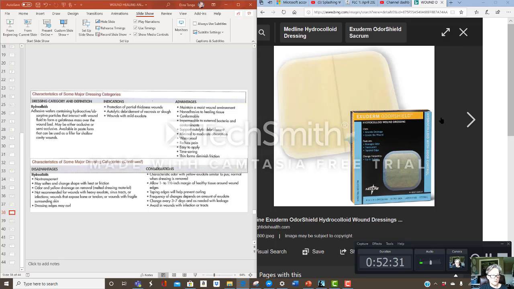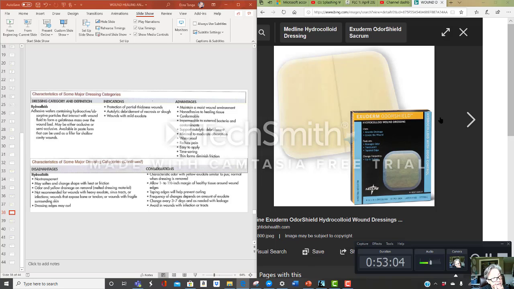So there's one. Non-transparent, can't see through it. Protection of partial thickness wounds. Autolytic debridement of necrosis and slough. Wounds with mild exudate. They're waterproof, reduce pain, easy to apply, time saving. Thin form diminishes friction. Conformable, not adhesive to healing tissue, maintains a moist wound environment.